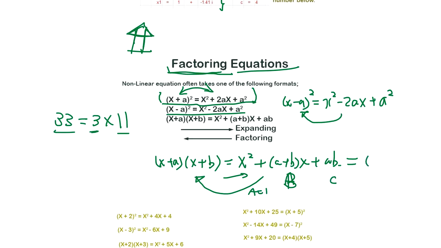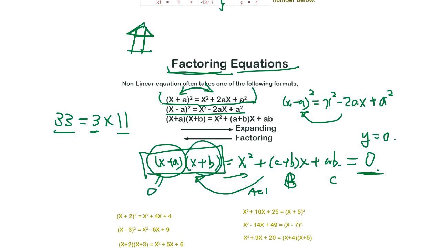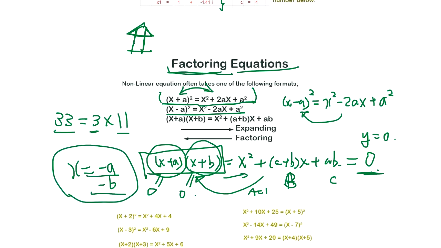And when you say y is 0, that is the x-intercept. If you factor to 0, either this is 0 or this is 0. So the root is x equals minus a or minus b. Okay, so roots can be found very quickly by factoring it, if you can factor it.